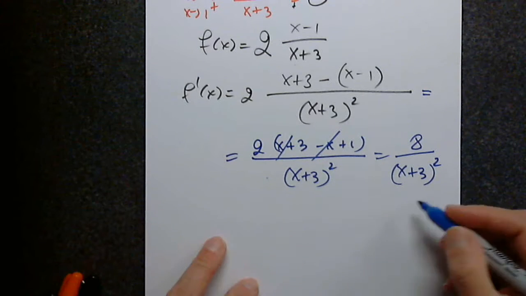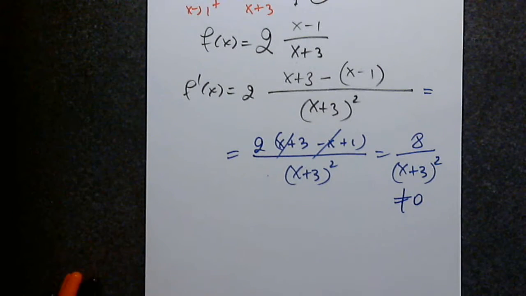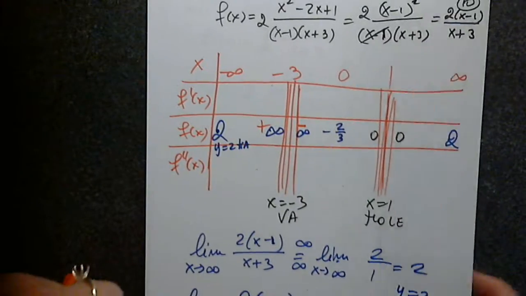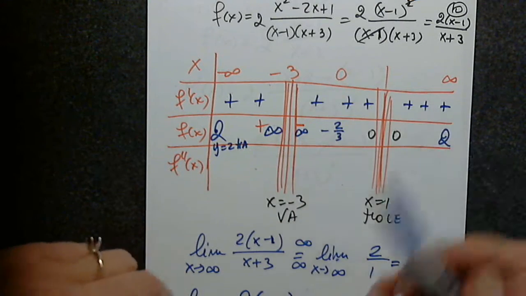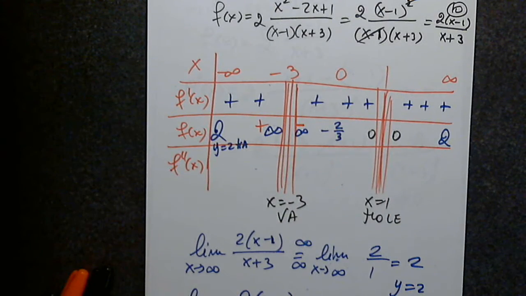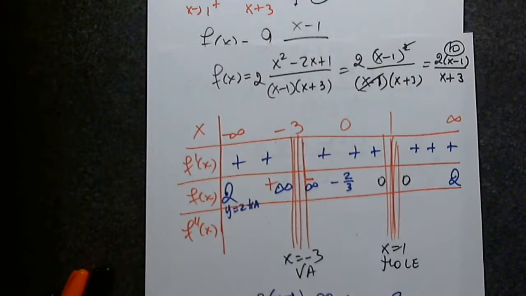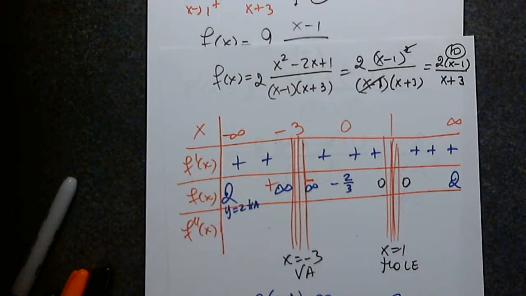No, it can never be 0 because the numerator can never be 0. Now finally, please tell me what is the sign of this expression? Always positive. What does that mean about the function? When its derivative is always positive, it's always increasing.